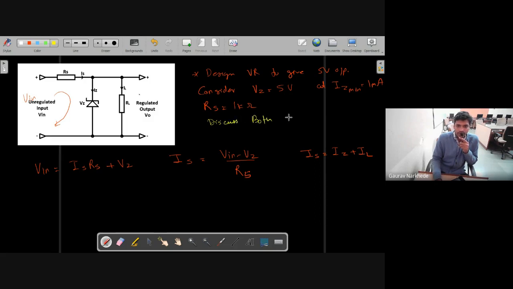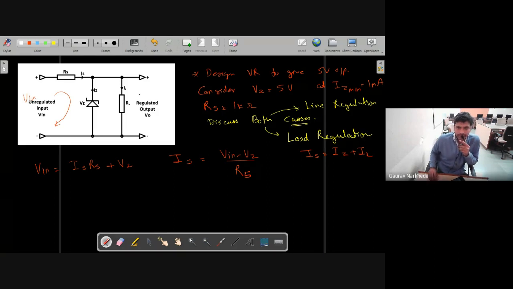Which are the two cases? One is line regulation and the second one is load regulation, correct?